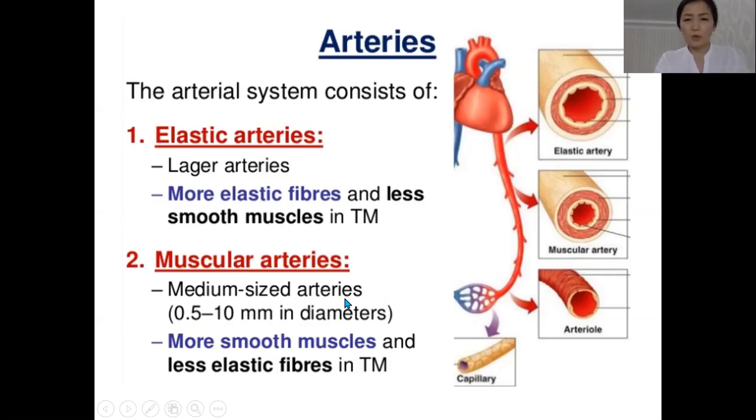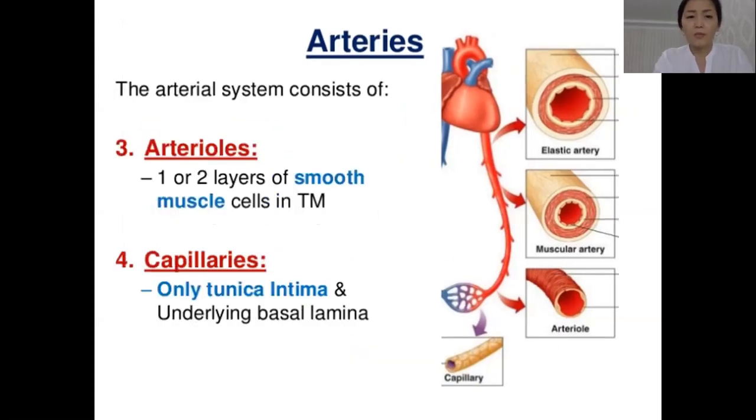In our body, the most abundant type is, of course, the muscular artery. And you should understand the morphological difference between elastic artery, muscular artery, and arteriole. Let's talk about it.